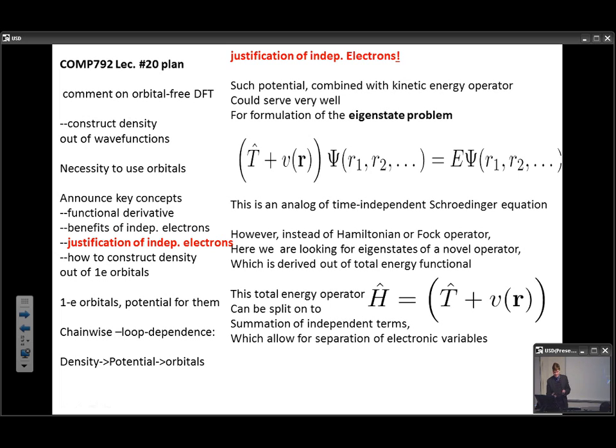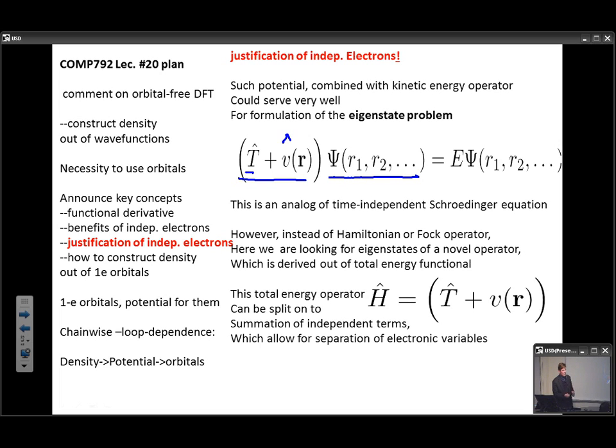If we do have this potential, we can consider it as an operator, and we do have an operator for kinetic energy, then we can formulate, not saying that we will use it for practical computation, just saying that one can use this kinetic plus rest of energy operator as a tool to find a multi-electron wave function.